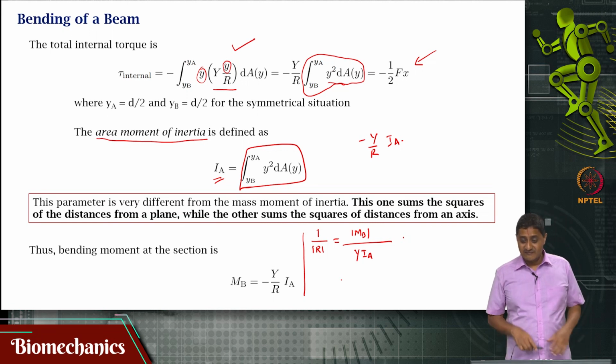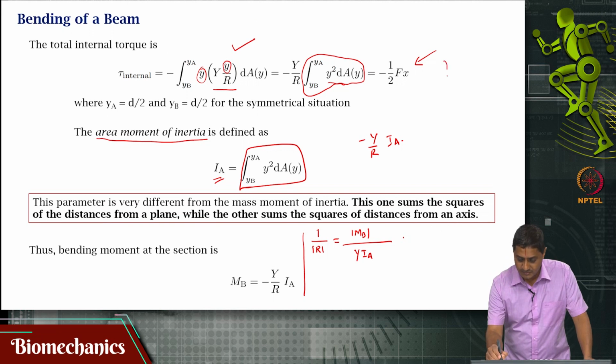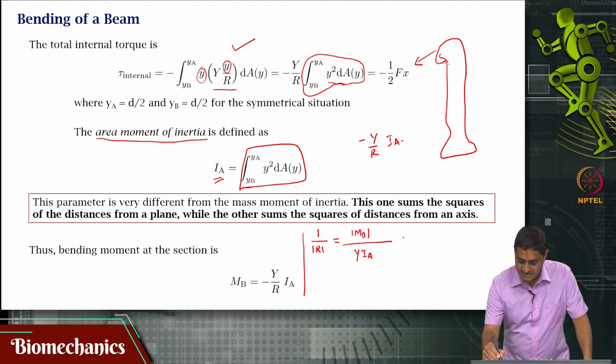Because we have seen in a bone there is cortical bone, a distribution of a high amount of mass on the periphery of the bone, and this is called the compact bone or the cortical bone.